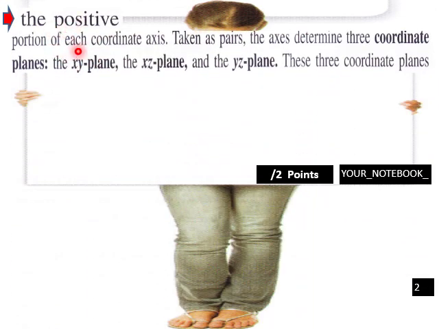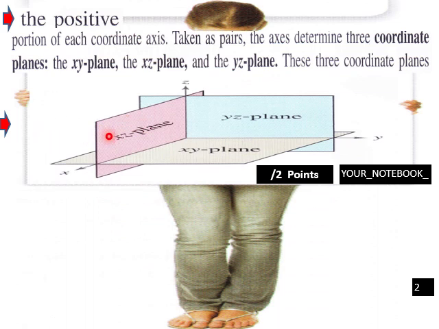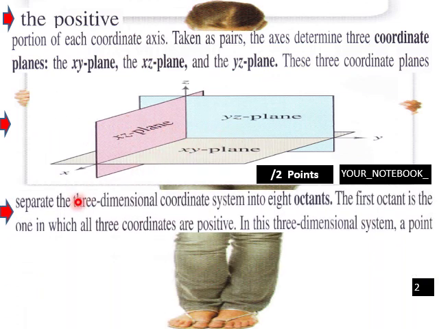Taken as pairs, the axes determine three coordinate planes: the xy plane, the xz plane, and the yz plane. These three coordinate planes separate the three-dimensional coordinate system into 8 octants. The first octant is the one in which all three coordinates are positive.